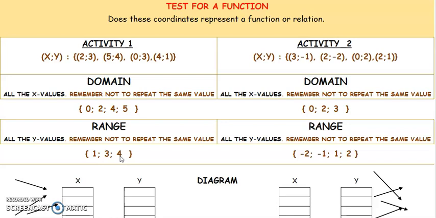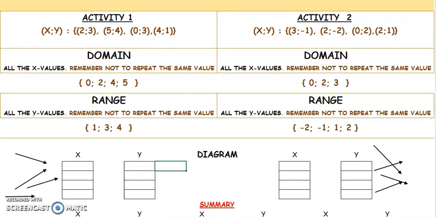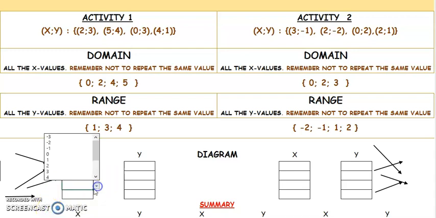Now what we need to do, guys, is put our values in this diagram, and this diagram will tell us whether it is a function or whether it is a relation. So let us plot our x values first. My first x value would be 0, my second x value would be 2, my third x value would be 4, and my last x value here would be 5.